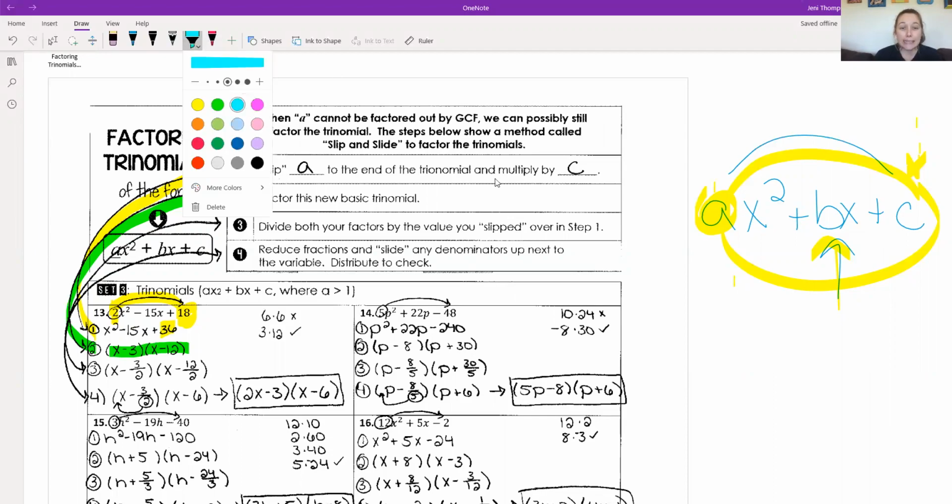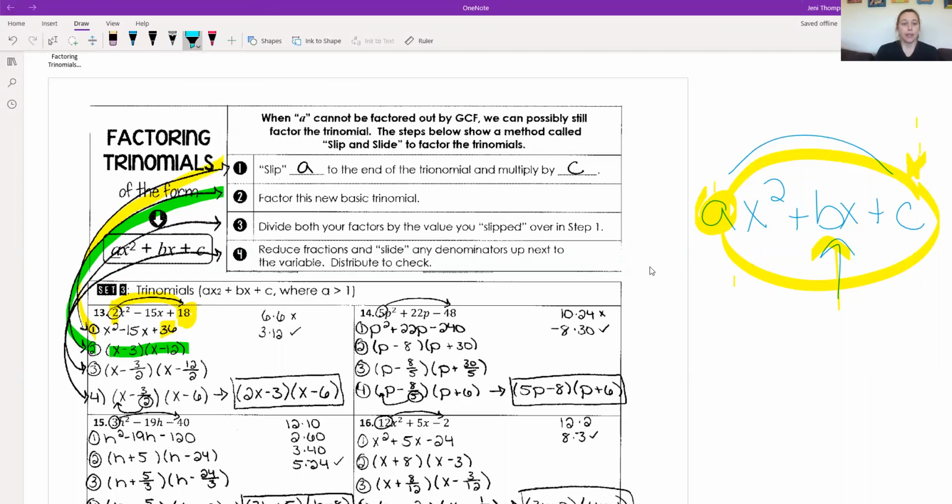So the next step, this is where it gets a little weird. Our third step right here is to take that A that we had at the beginning, our 2, and make that the denominators in fractions, using what we got in step 2 to make our fractions.